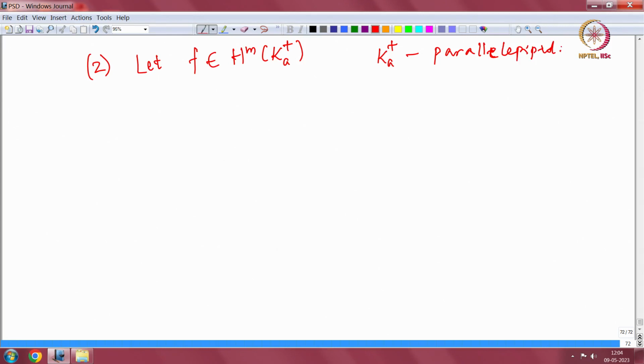Okay. So we can apply the previous density result. Okay. So again let me just show you that. That implies Cm Ka plus bar is dense in Hm Ka plus, so you see the usefulness of the density result. Okay.